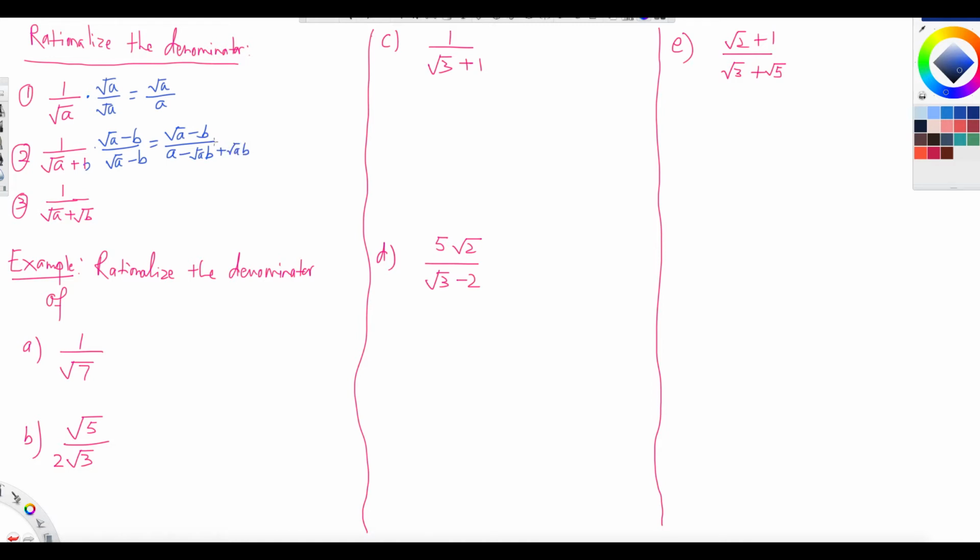That b is outside the root, the root is only for a. And then b times negative b is negative b squared. You see that? So what do you get? You cancel out the positive and negative b root a. So your final answer looks like root a minus b over a minus b squared.